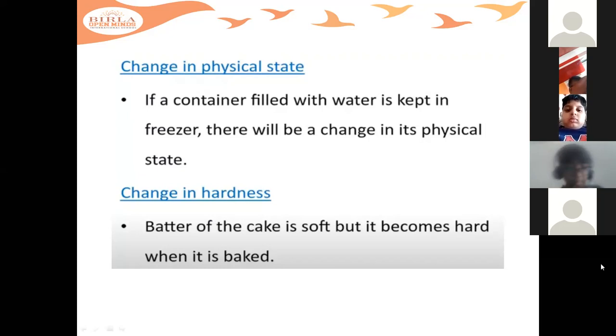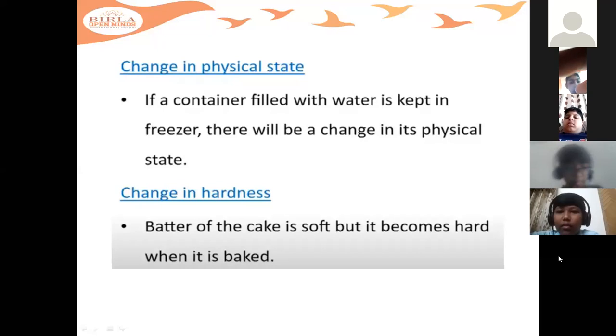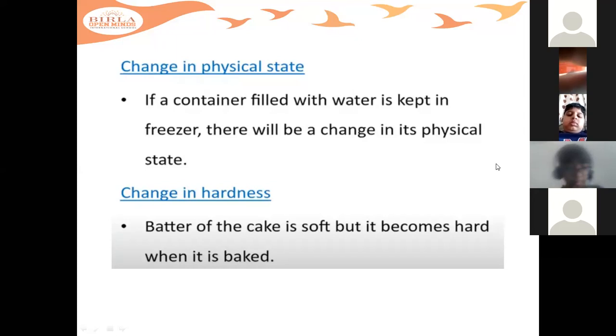Does its physical state change? Keep your camera on, don't raise your hand. Yeah, Ashwin. Ma'am, it becomes ice. Yeah, it becomes ice. Now, how does the physical state change? From liquid to solid, ma'am. It changes its physical state from liquid to solid.